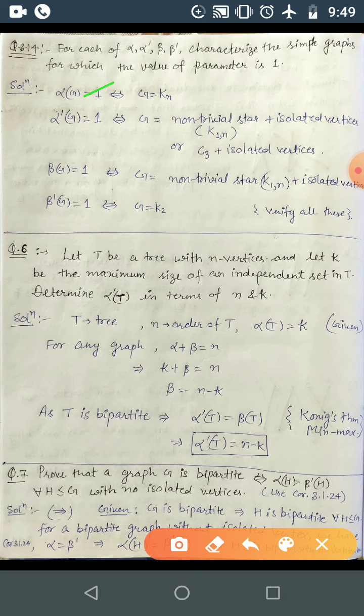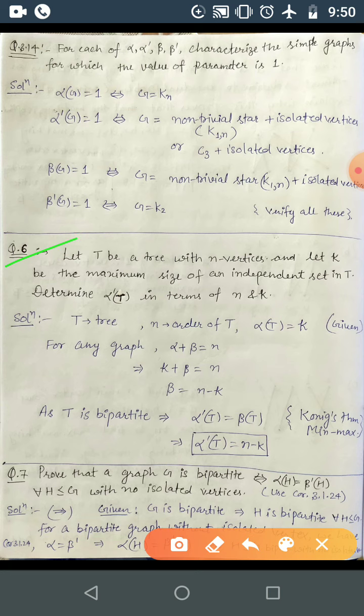When G is a non-trivial star K1,n added with some isolated vertex, we get vertex cover 1, and when G is K2, the edge cover is 1. I forgot to mention that beta G is the vertex cover, the minimum number of vertices needed to cover all the edges, and the edge cover is the minimum number of edges that cover all the vertices. If you get this, then you get one only. Okay, so that's it.